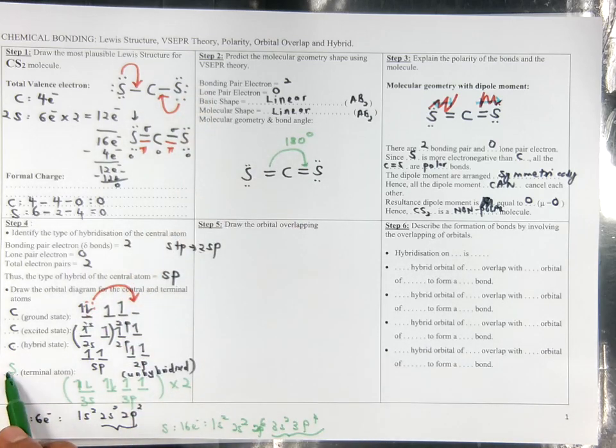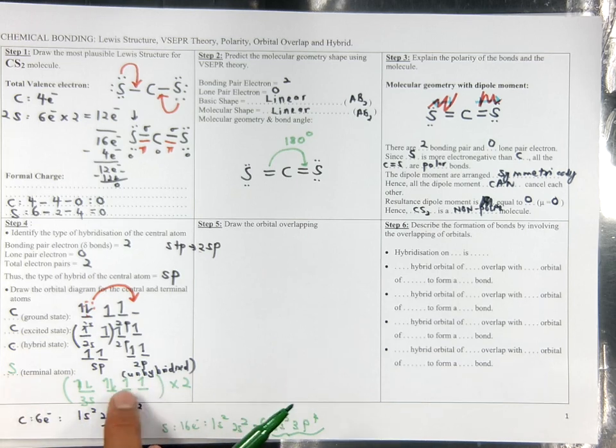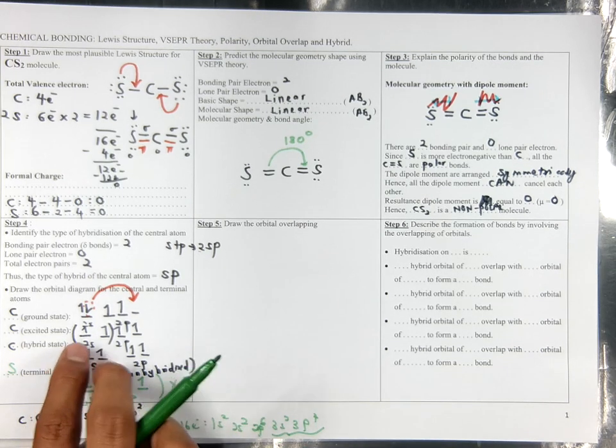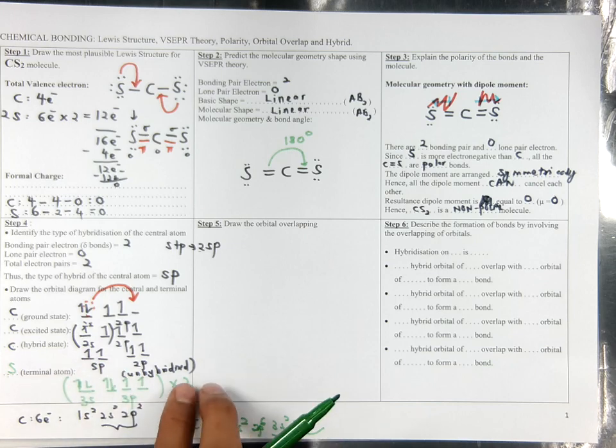So one sulfur atom has 2 lone pair electrons. When you have 2 sulfur terminal atoms, you're going to have 4 electron pairs. So 2 will be used to make sigma bonding, and the other 2 will be used to make pi bonding.